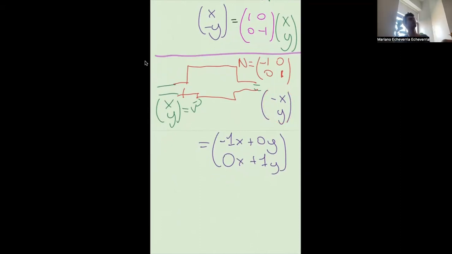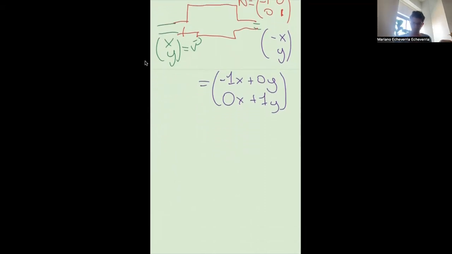But okay, let's do two more before switching topics. Here's one that you could also be interested in, which you could call the average matrix, or averaging matrix.